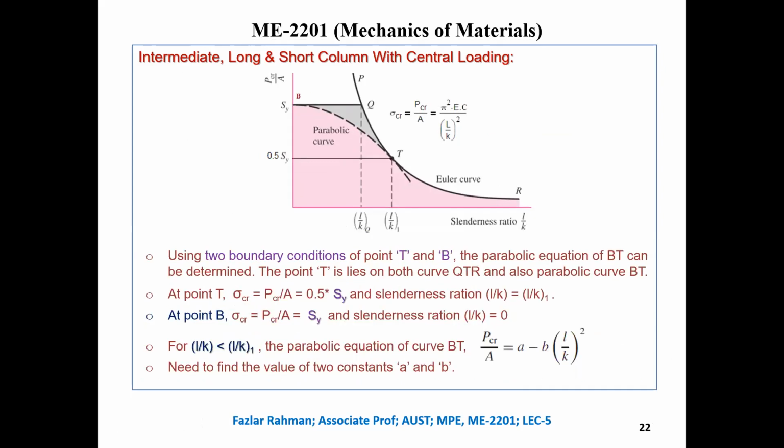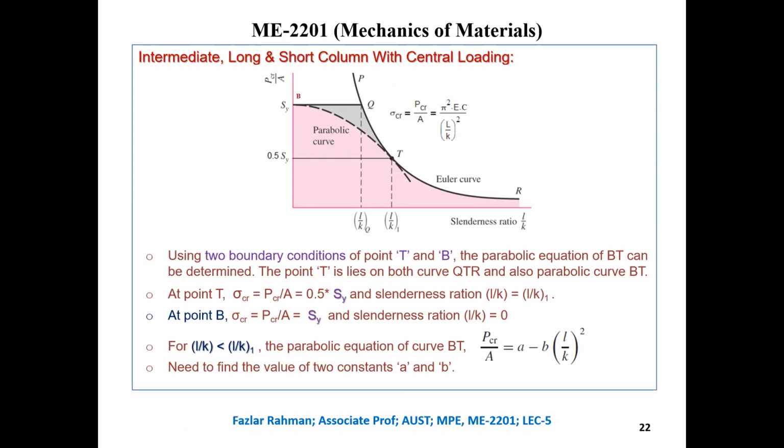What is the point T? You see, point T is the common point, right? It is on the Euler equation, that means the QTR curve, and it is also on the BT curve.